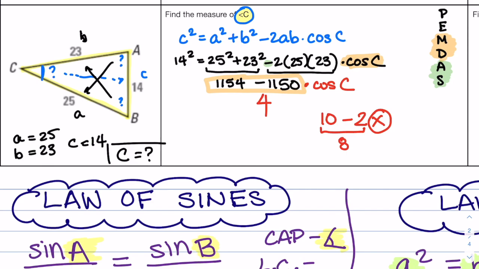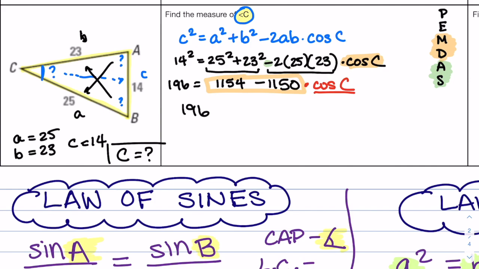And for the same reason there is a cosine C attached, so we cannot just ignore that, right? We have to follow the order of operations. So I wish we could do that, but instead we have to be careful. So this is 196. Okay, so here's what I would do. So 196 equals 1154 minus 1150 cosine C.